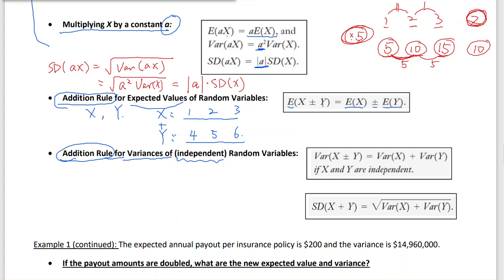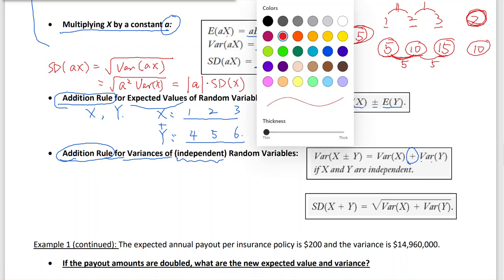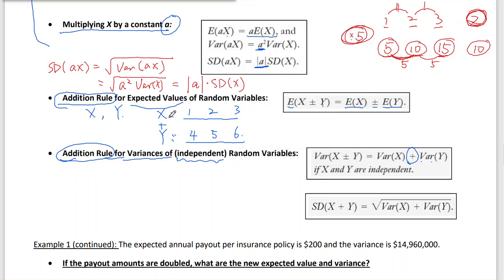So if these two variables are independent, then the variance of X plus or minus Y will equal the variance of X plus the variance of Y. Here you can see the difference.